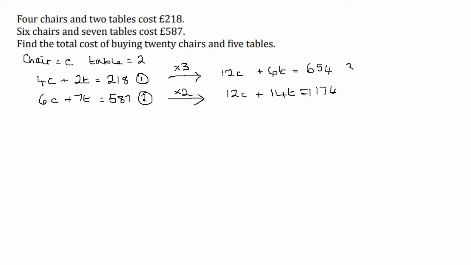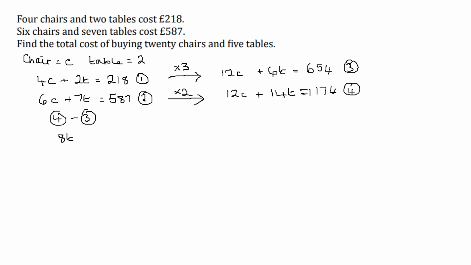So I'm now going to label that one 3 and that one 4. So I'm going to do 4 take away 3 to eliminate. So 12C take away 12C eliminates. 14T take away 6T will give me 8T.